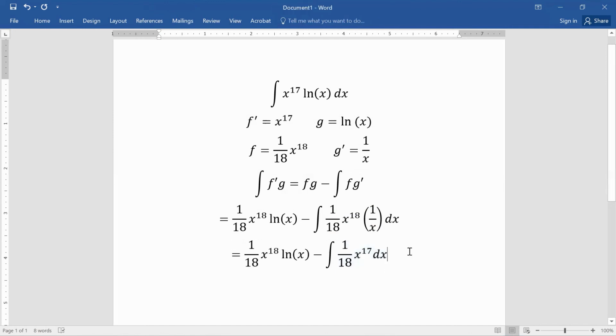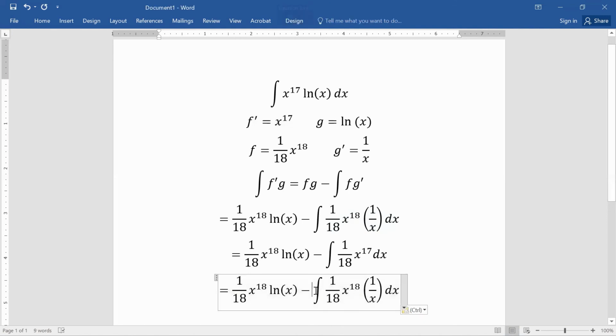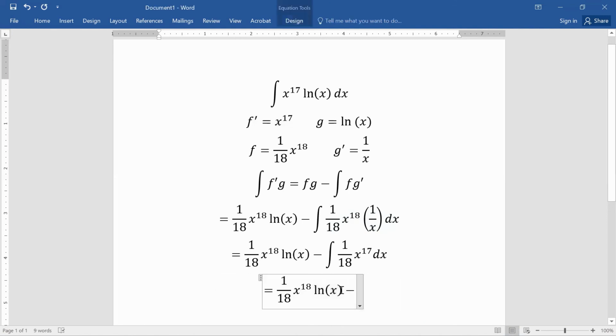This simply requires a basic integration property, namely the integration property of polynomials. Raise the exponent by 1 and then divide by the new exponent. 1 over 18 divided by 18 would cause me to take 18 times 18 in the denominator. That's 1 over 324 times x to the 18th.